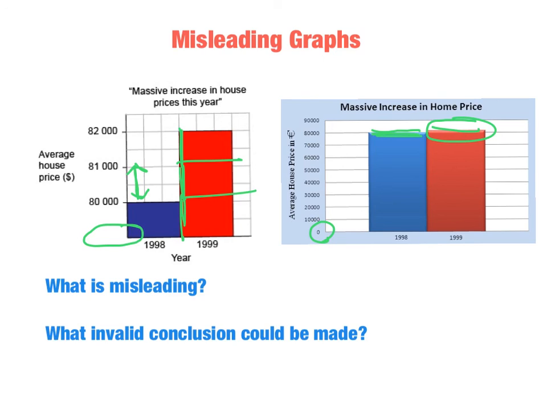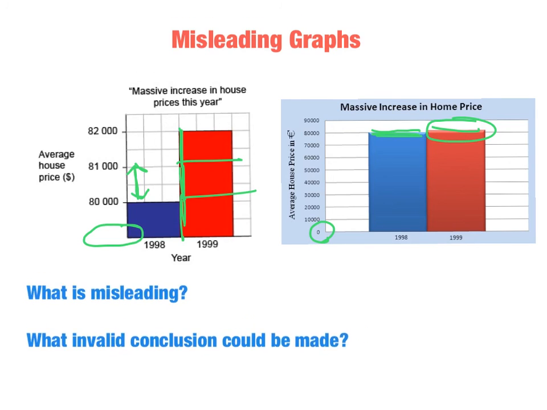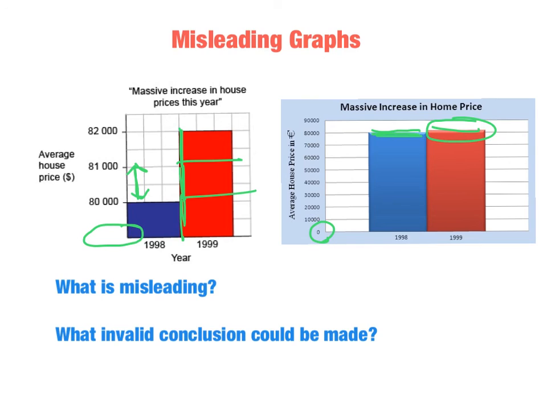So what is misleading about these? Your axis does not start at 0. When you have graphs that do not start at 0, it creates uneven intervals, which stretches your information and makes it look more drastic than it really is.